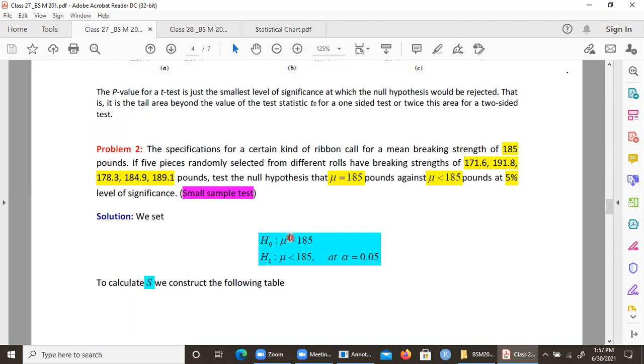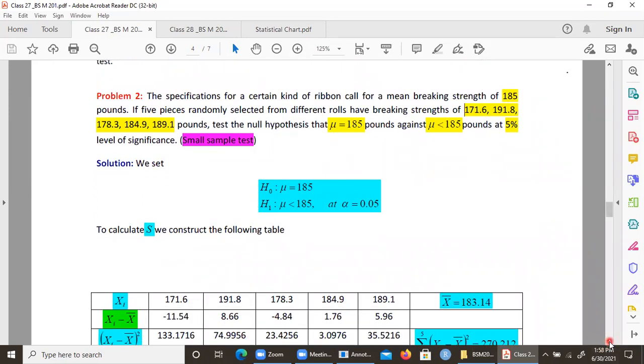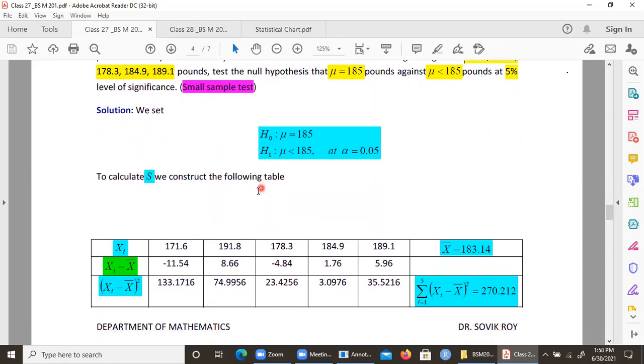First of all, by looking at this particular problem, immediately understand that this is a problem of one sample t-test. Nothing is mentioned about the variance or standard deviation of the population. So obviously from this question, we can say that the variance is not known to us. So we have categorized the problem as falling into the category of one sample t-test. So very well, we can use the formula over there. First of all, our job is to calculate the sum of the squares of the deviations.